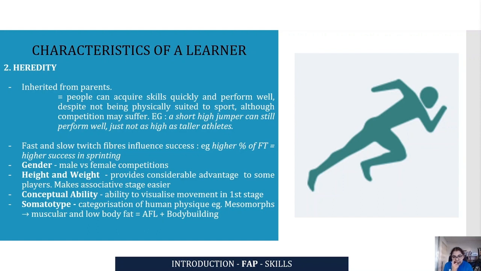Height and weight are also different characteristics, and they can provide considerable advantage to some players, and can make the associative stage easier as well. Then conceptual ability, which is the ability to visualize movement in the first stage, and to see yourself in that moment.